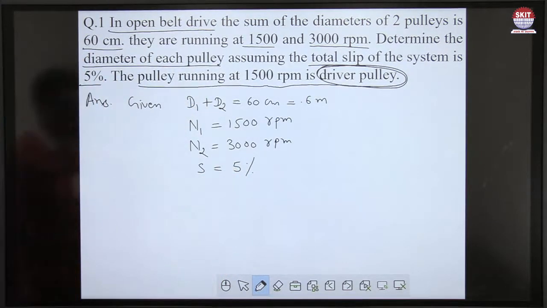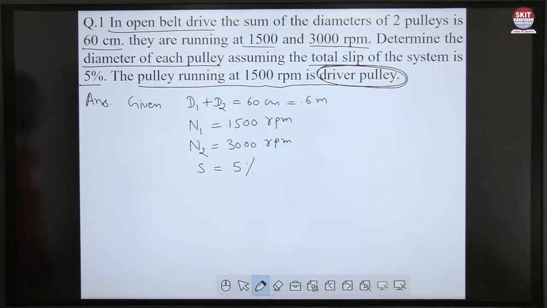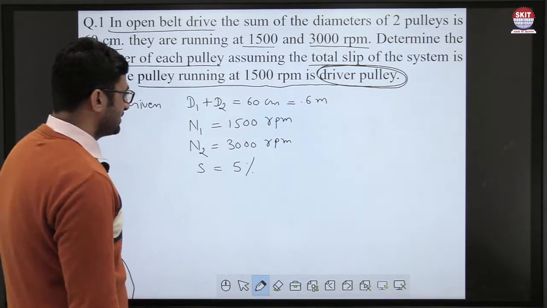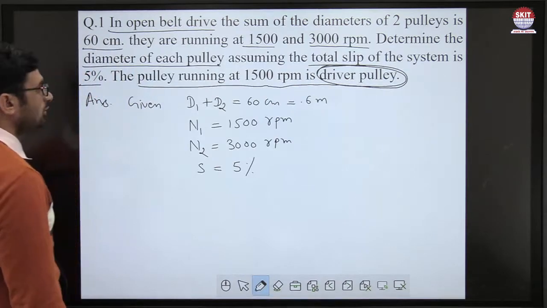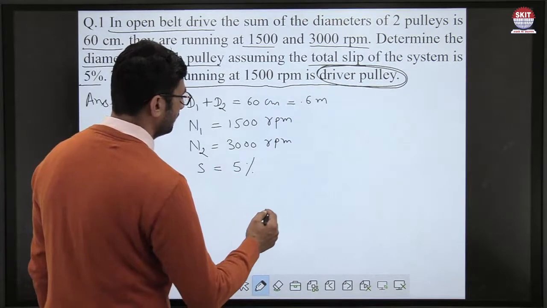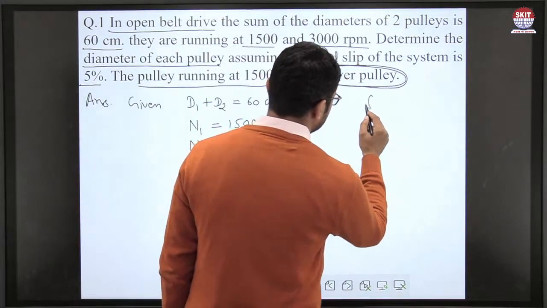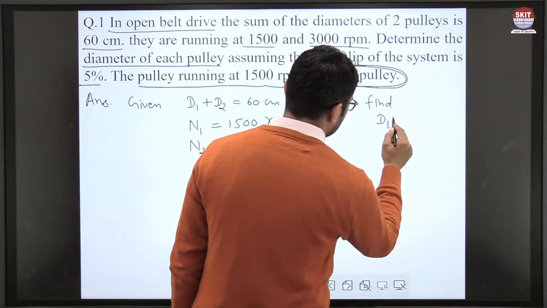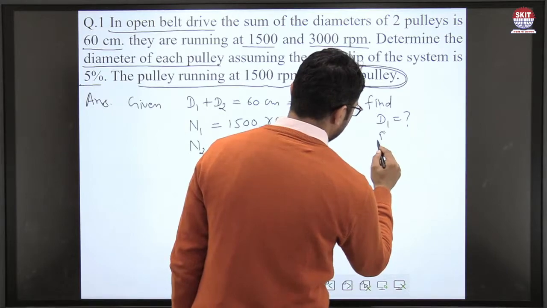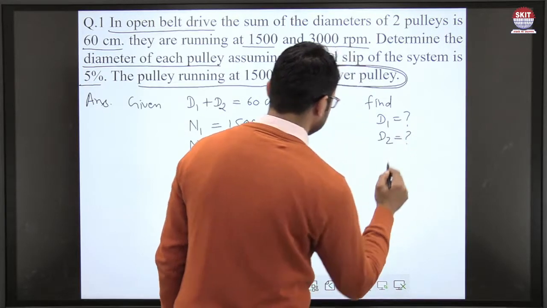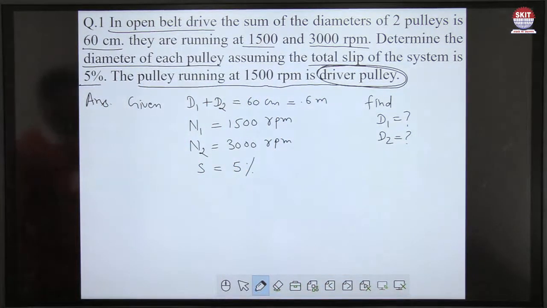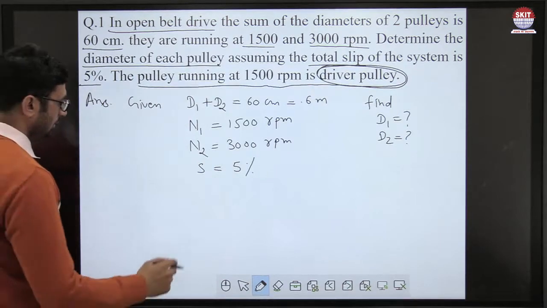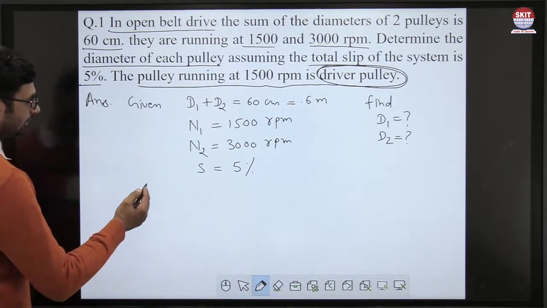So this is the second case, when slip is present, and we have to find the values of D1 and D2. So we use the formula for when slip is present.